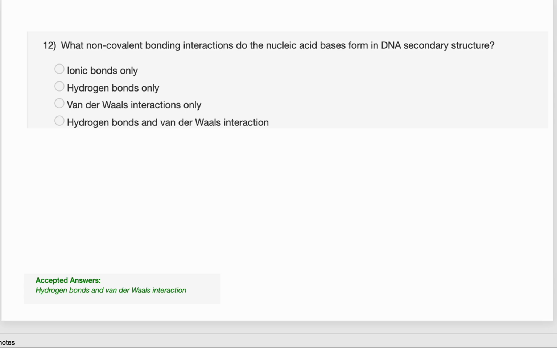The interactions that stabilize nucleic acids also include stacking and hydrophobic interaction. So this makes the secondary structure more stable, and hence hydrogen and van der Waal interaction both make the DNA secondary structure more stable. So the correct answer was obviously both hydrogen and van der Waal interaction.